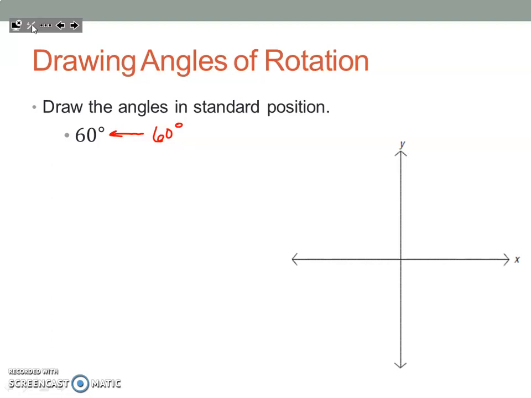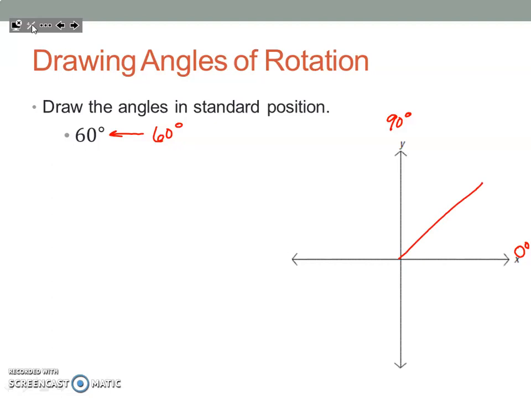Okay? So this is how I go through and figure out how I'm going to draw these. 60 degrees. Well, that would be between 0 degrees, which would be if my terminal side hadn't moved at all, and 90 degrees, which we know would be if it was straight up and down. So I know that my 60 degrees is somewhere here in the middle. Now I can get a little bit more accurate than that, because let's say I have this 90 and my 0, and let's say I cut it perfectly in half.